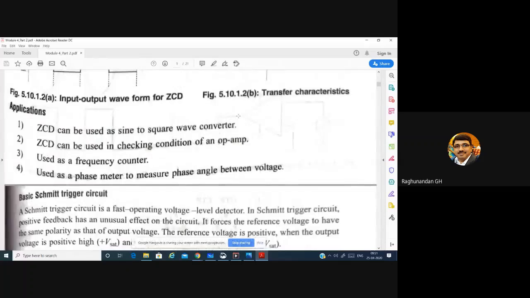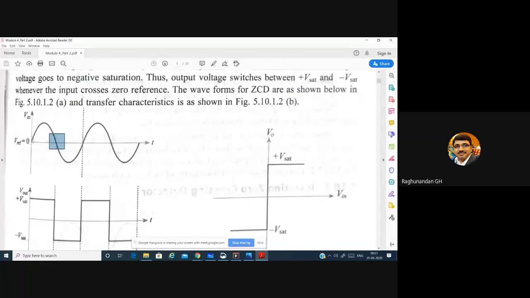Here in this case, we assumed that if 0.1 volt of input is given, it is greater than 0, and automatically we draw the positive saturation. If the input goes to minus 0.1, automatically it goes to minus V saturation. Whatever extent it goes, it will be at minus V saturation only.